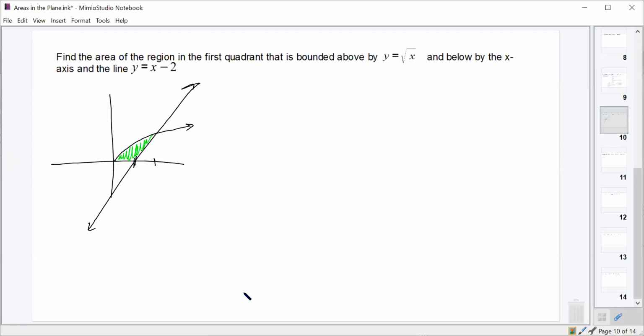So what do you think we need to do then, since we have two different functions that represent the bottom of this region for different parts of it? Can I just integrate from 0 to this value and call it good?